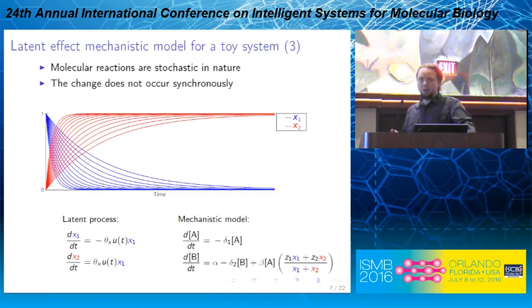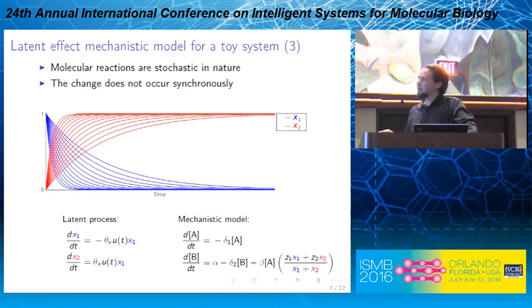Typically, we observe cells on the population level, and because molecular reactions are stochastic in nature, the cells in a population don't switch to another phase synchronously, and thus we have a population that is gradually moving towards the other phase.